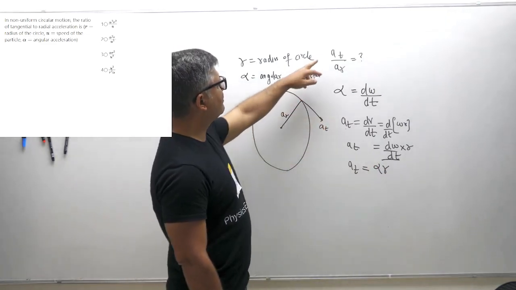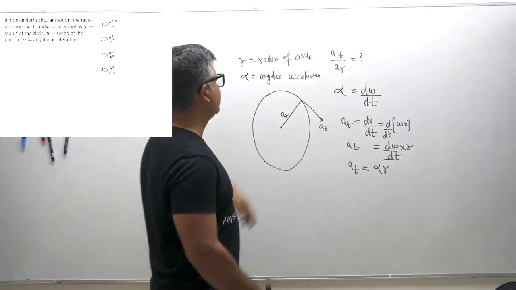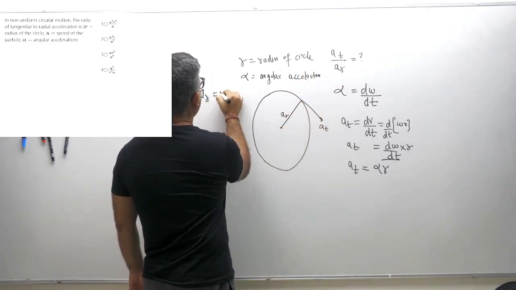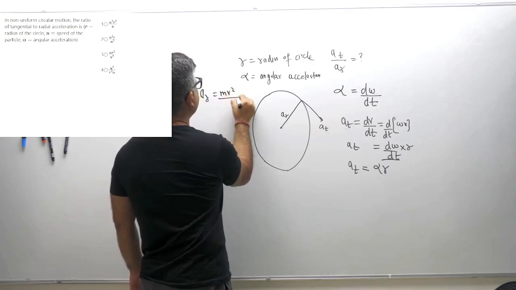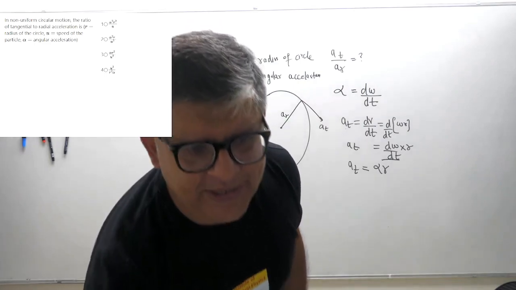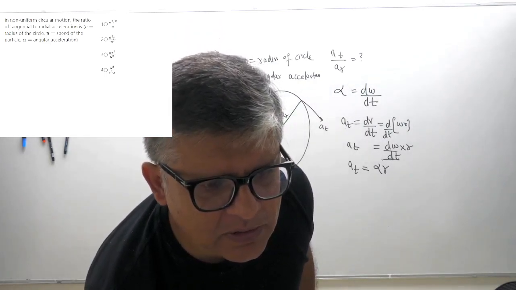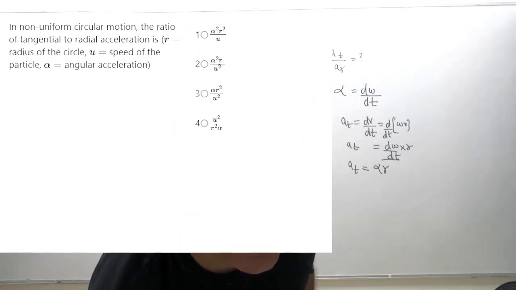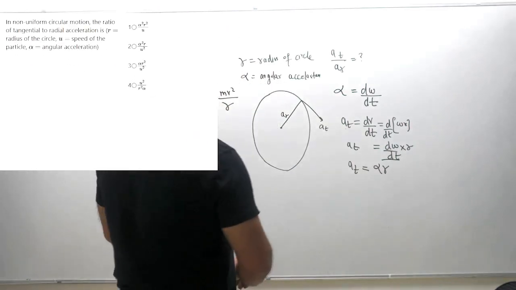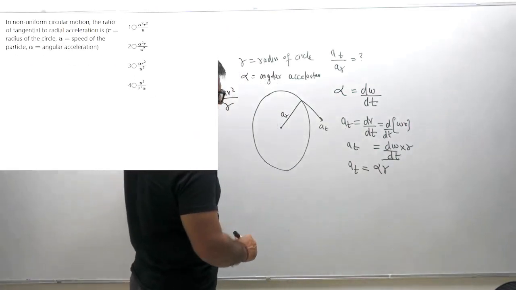So now we have to establish A tangential versus A radial, which is given by mv square by r. That is your A radial. So let's see what the velocity is. Yeah, the speed of the particle is given to be u. All right, so mv squared by r is this.